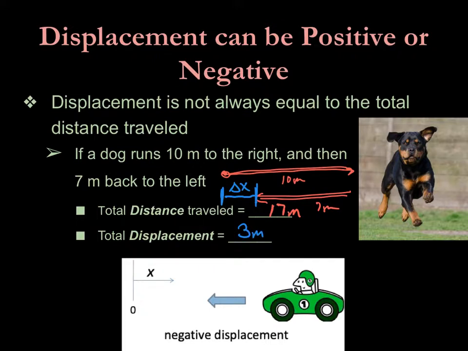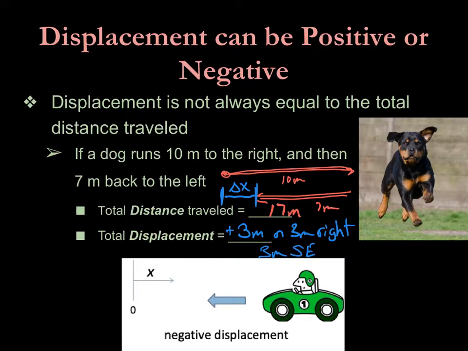And because displacement is a vector, we're going to say either positive 3 meters or 3 meters to the right, or if we're on a map measuring stuff, we can say 3 meters southeast, if that's the direction that they were going, doesn't really matter. Displacement is how far from where they started and in what direction.